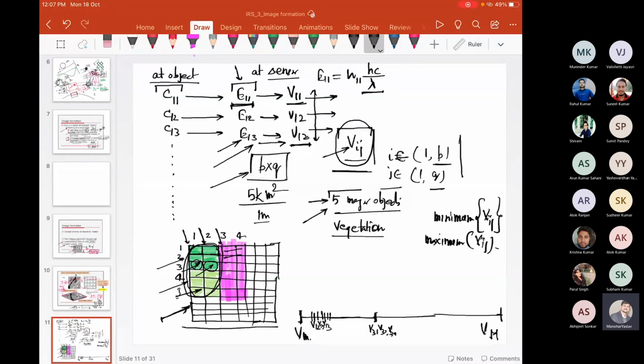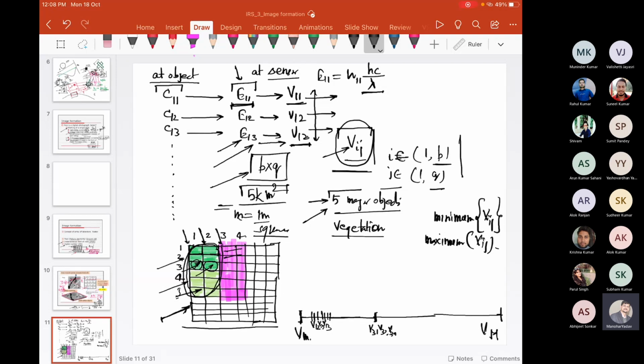So what you need to do to calculate the number of cells, how many cells we have in this case? The M value is 1 meter. This is a square in shape and the total area is 5 kilometer square. So in the grid version of this area segment, how many cells do we have? First, you need to convert kilometer square into meter square.